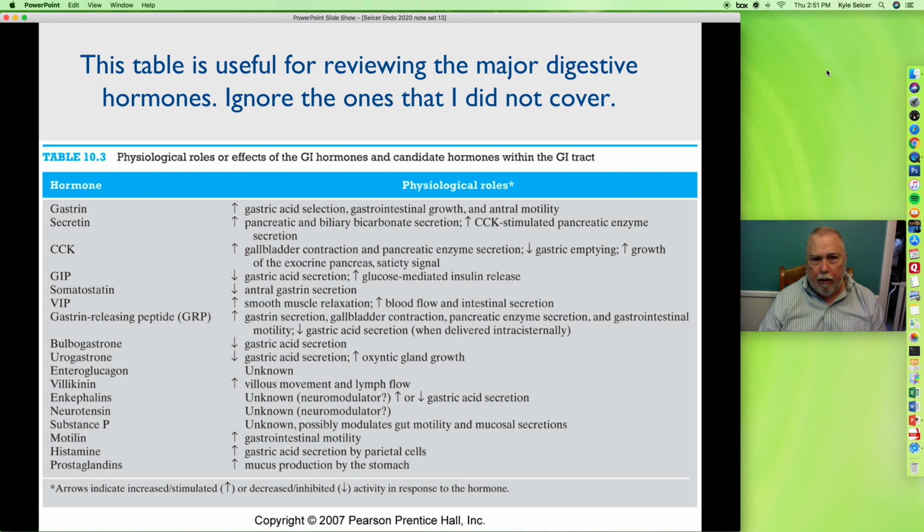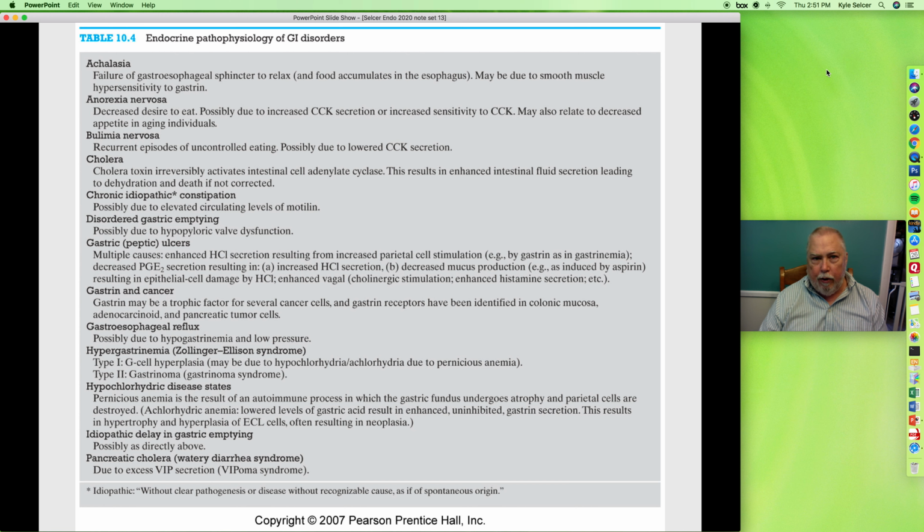This slide shows you endocrine pathophysiology. So a lot of stuff goes wrong with the gut, and this is listing a bunch of them. The number one absolute gut abnormality in Americans is GERD, gastroesophageal reflux disease, acid reflux.